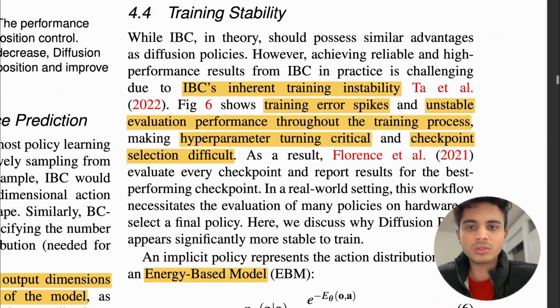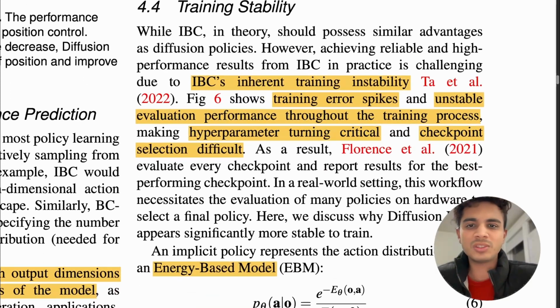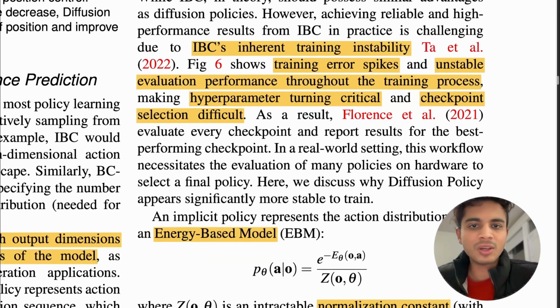Let's see. So, of course, IBC is basically implicit behavior cloning, and that is something similar to what we are doing in diffusion policy as well. So what are we doing differently than IBC that makes diffusion policy so much better in terms of learning growth? Problems are training error spikes and unstable evaluation performance throughout the training process, and this makes hyperparameter tuning very crucial.